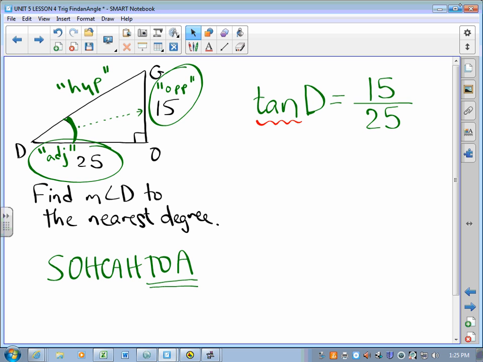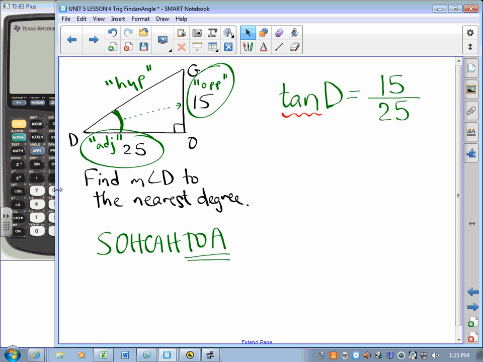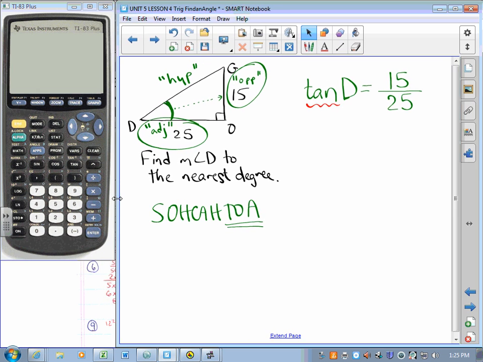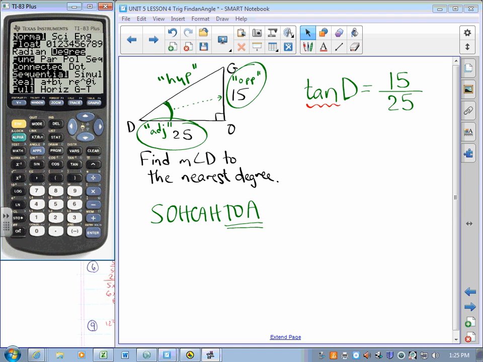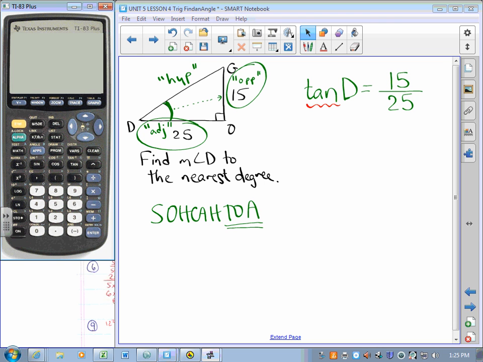And the way we do that is we bring in our calculator, and we recognize that right above the tangent button, in yellow, or whatever your color is, it says tan^-1. It really says tangent to the -1. And what that really is, if you want to sound smart at a math party, is the inverse tangent function.